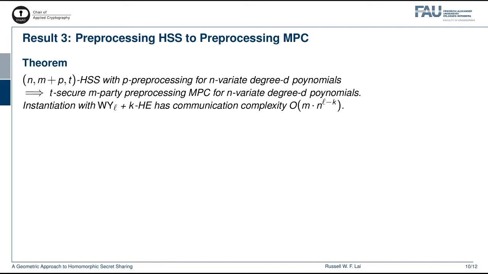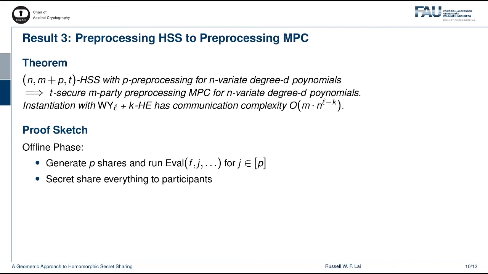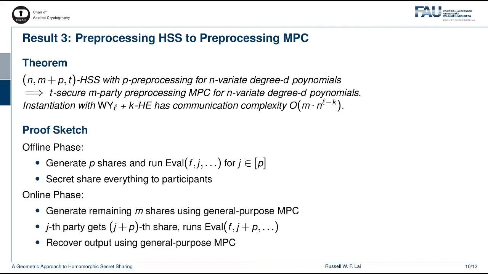The idea behind this result is quite straightforward, that is to push the computation of the P servers to the preprocessing phase. In more detail, in the offline phase of the preprocessing MPC protocol, we would generate the P shares, which are independent of the online inputs, and run the evaluation algorithm for the P servers. We then secret share everything to the participants of the MPC protocol.